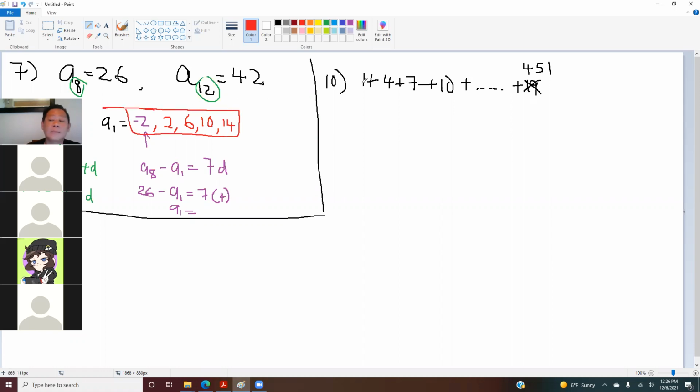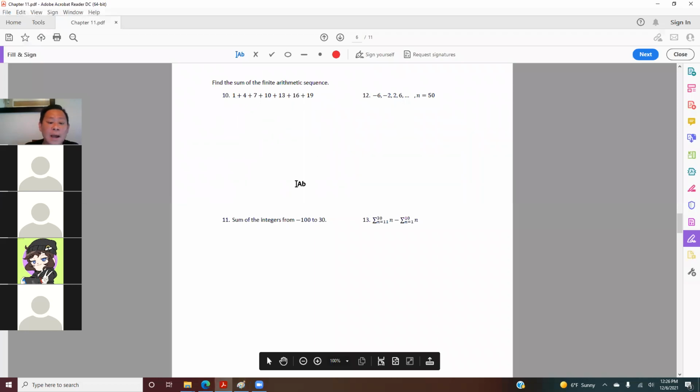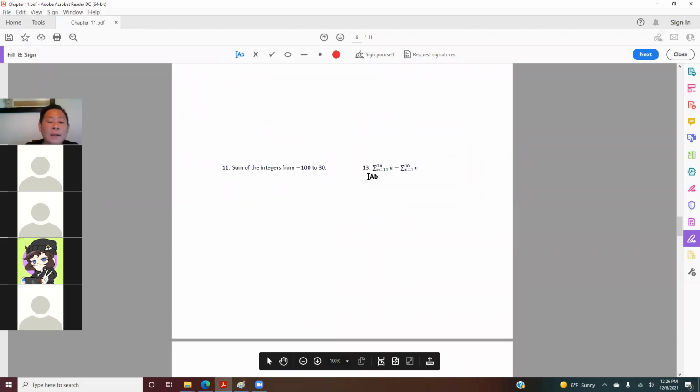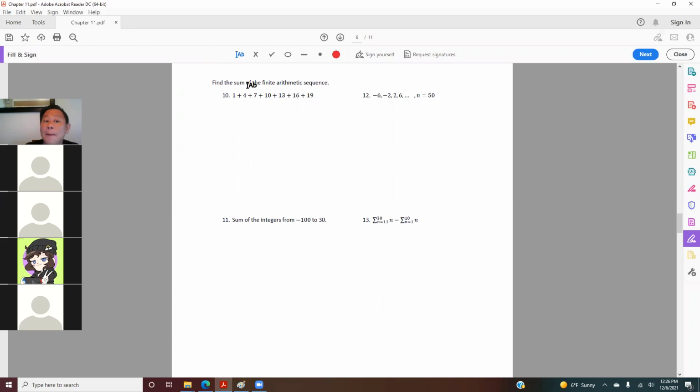Okay. So again, class, for an arithmetic sequence, if you know A1 and D, you should know how to do the rest of the work here. Questions, anyone? So far we have been finding what we call the terms, the An terms. But in the next questions, which are 10, 11, 12, 13, they want you to find the sum.